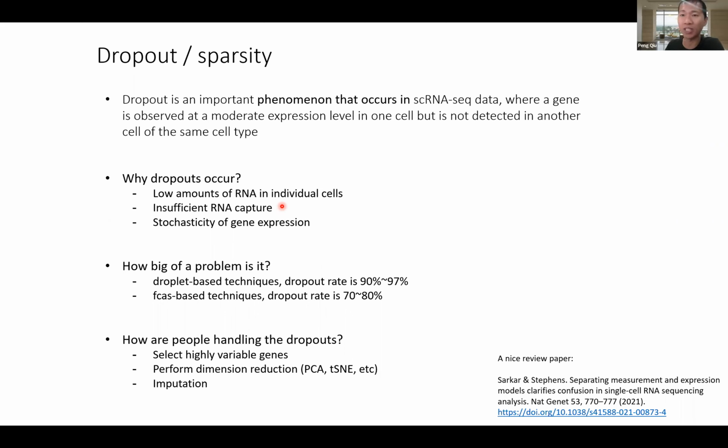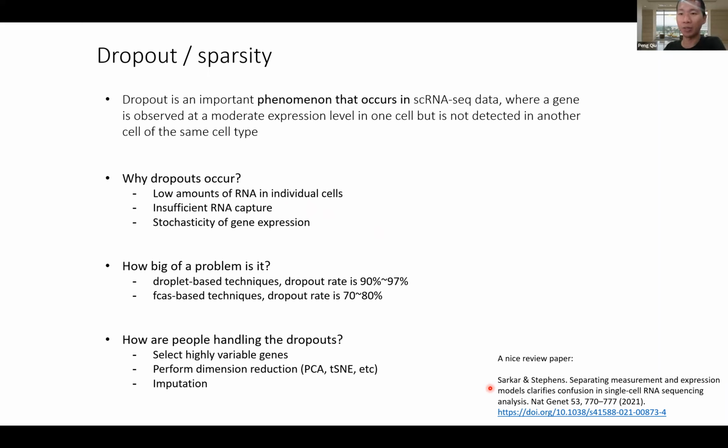We just didn't catch them all, right? So dropout may be affecting all the numbers we see, even the non-zeros. And if we want to do imputation, maybe we should make adjustments not only to the zeros, but also to the non-zeros we see. So given these three different definitions of dropout out there, this review paper strongly recommended against using this word.